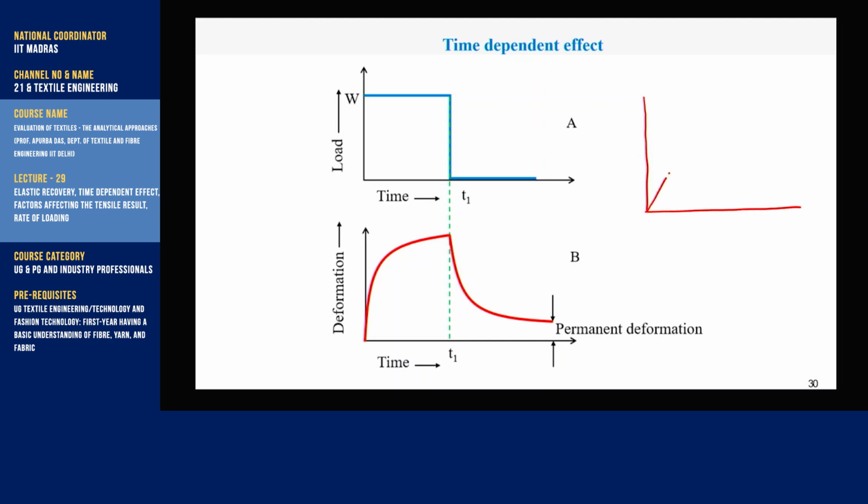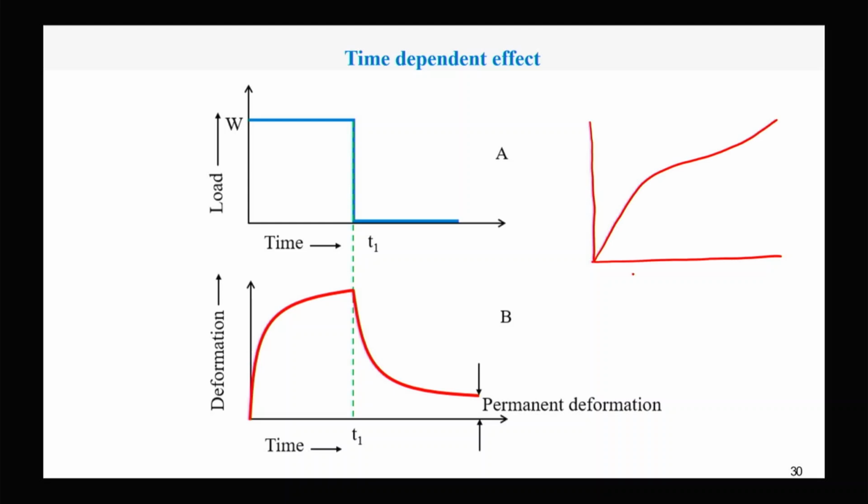In the normal case, after stretching within the Hooke's region, say OA is the Hooke's region, a straight line, if we release the material, theoretically it should come back.